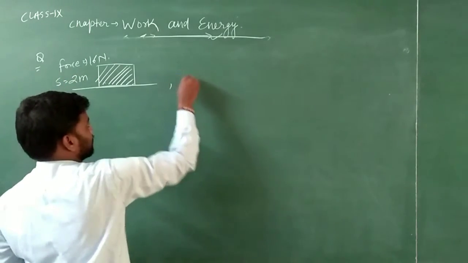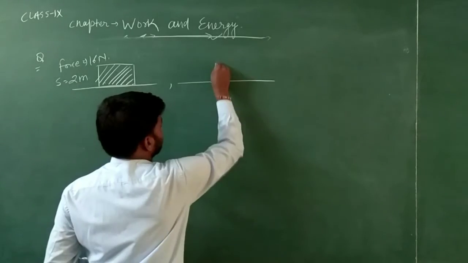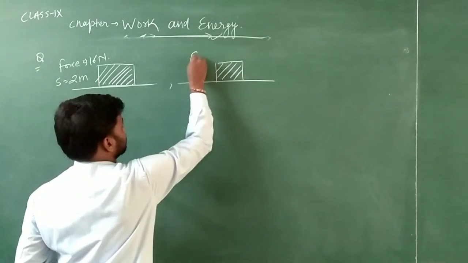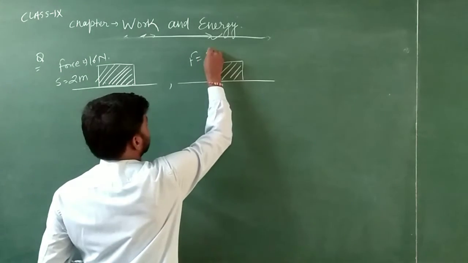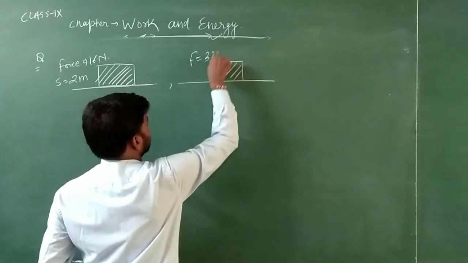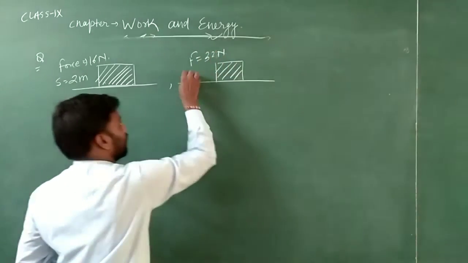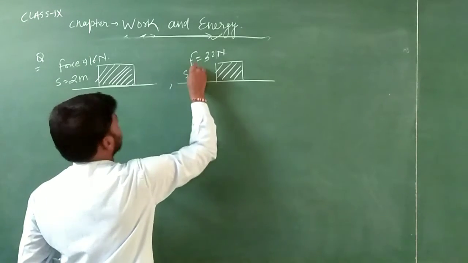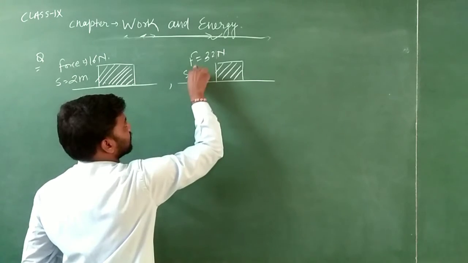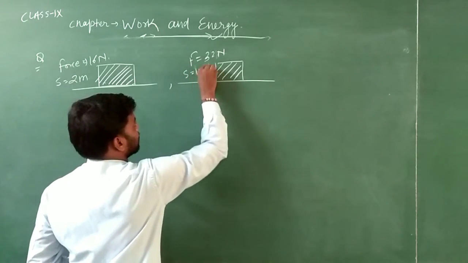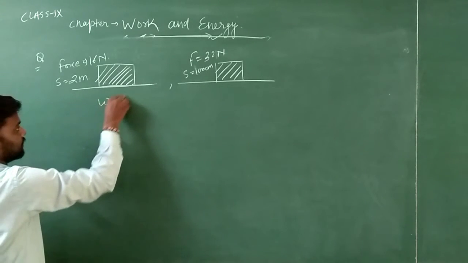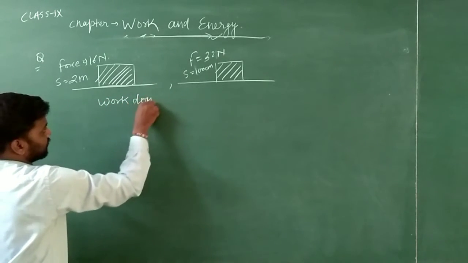In the second case, we are applying a force of 32 Newton on the object, and the object is displacing only 100 centimeter. We need to find out the work done in both the cases.